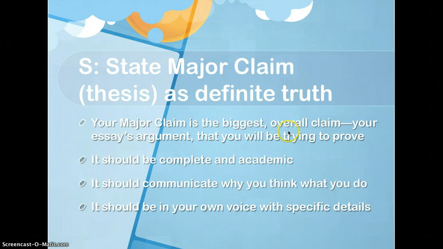Your major claim is the biggest overall claim in your paper. It's your essay's entire argument, what you will be trying to prove. So make sure that your major claim is complete, it's detailed, and it explains exactly what you think. So you notice I didn't just say Mark Twain argues that racism is ridiculous.